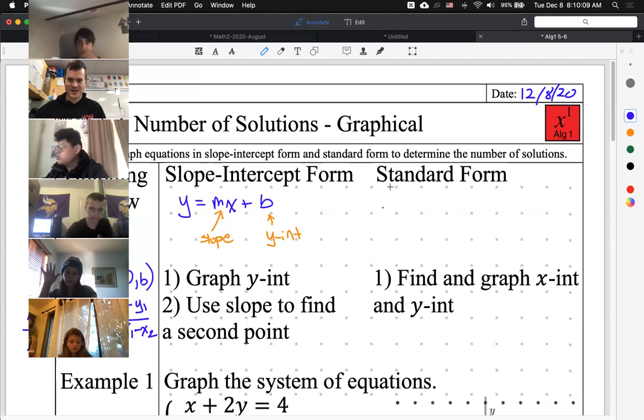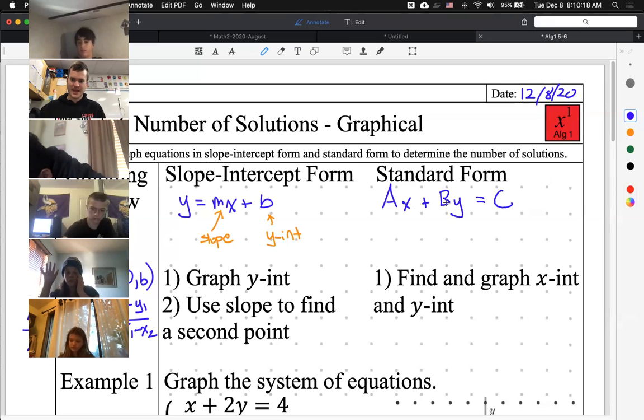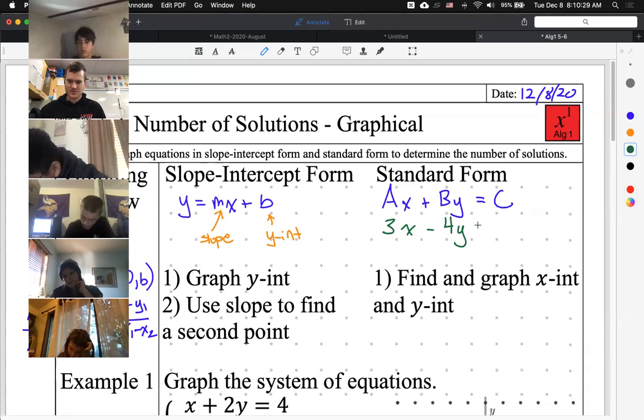All right, standard form is your capital A, lowercase x, plus capital B, lowercase y is equal to capital C, where all of your capital letters, A, B, and C, are just numbers. As an example, you'd have like 3x minus 4y is equal to 12. I'm just making up numbers here. That's what standard form would look like.